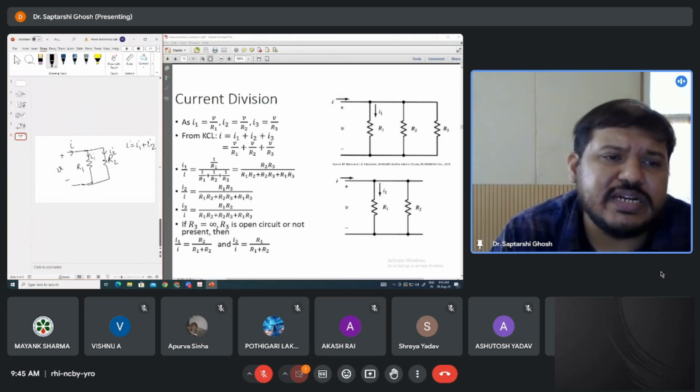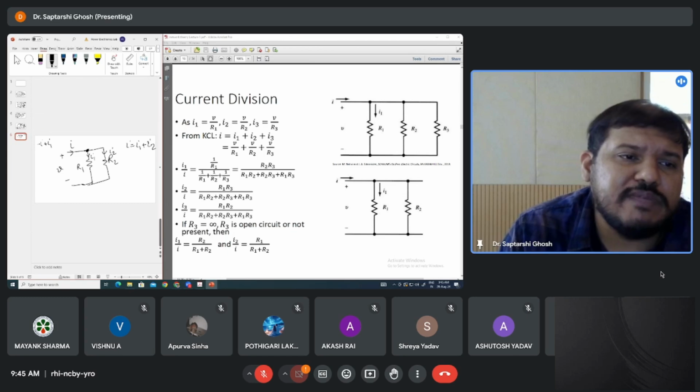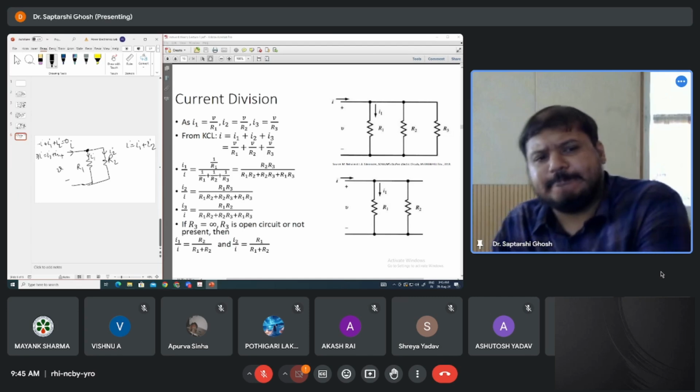I is entering, so it will be minus I, and I1 is leaving, so it will be plus I1. I2 is leaving from this node, so it will be plus I2. The net sum will be equal to 0, so I equals I1 plus I2 using KCL.